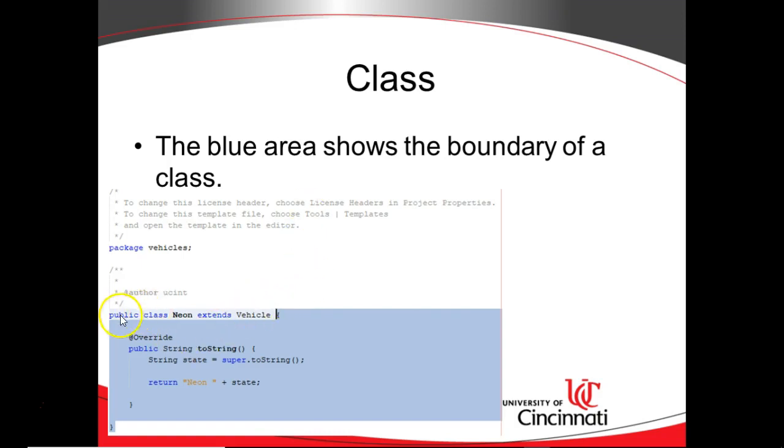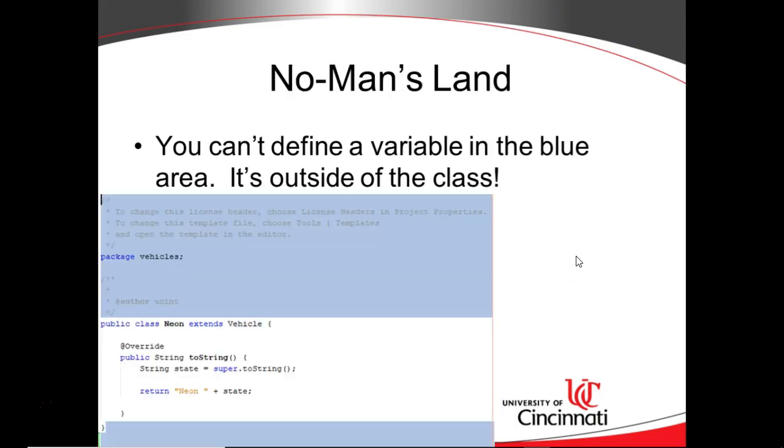So a class starts with this line, public class, and here you have neon extends vehicle. If you don't know what extends vehicle means, don't worry about it. Just know that the line that starts with public, and then class, and then some name is essentially the start of a class. We have an open curly here, and then we have a closed curly towards the bottom. So that defines the boundary or the scope of the class. That's where we're going to do all of our work.